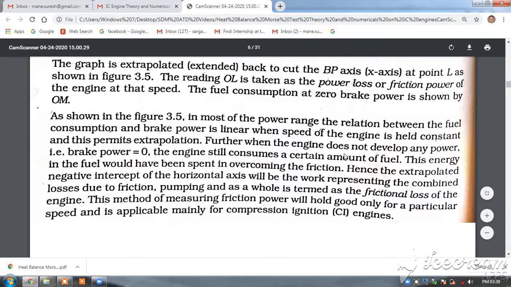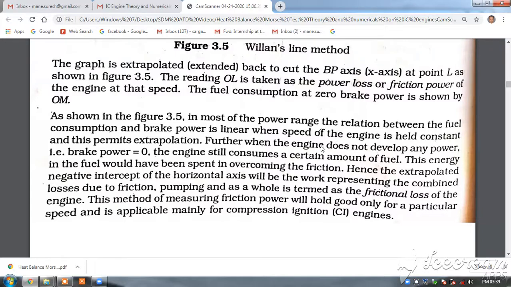Further, when the engine does not develop any power, that is brake power is zero, the engine still consumes a certain amount of fuel. This energy in the fuel would have been spent in overcoming the friction. Hence, the extrapolated negative intercept on the horizontal axis represents the combined losses due to friction and pumping, and as a whole is termed the frictional loss of the engine.